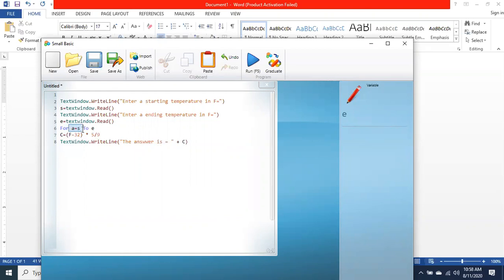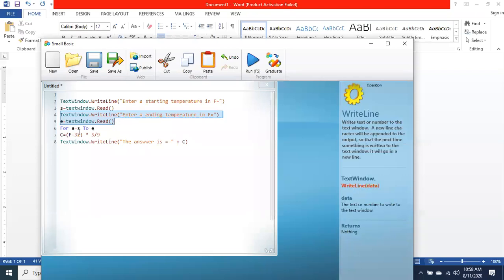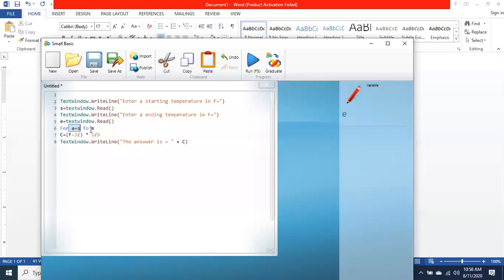For example, if the user has given 90 in S, the starting position will be 90. And if the user has given, let's suppose, 100 in E, then the ending position will be 100. So we will run a loop from S to E, means from 90 to 100. And we will play the loop in this way, and each time we will convert it.